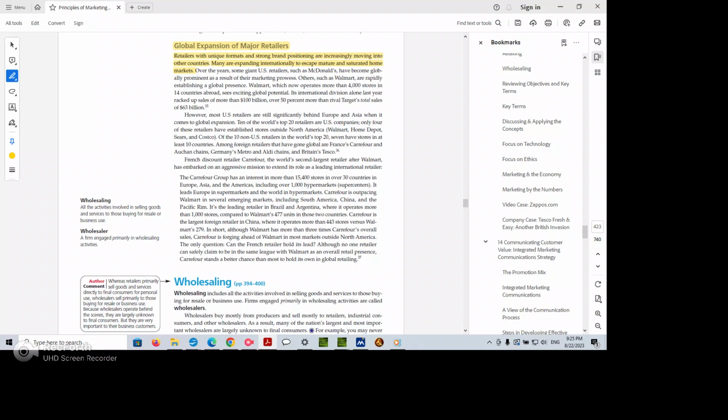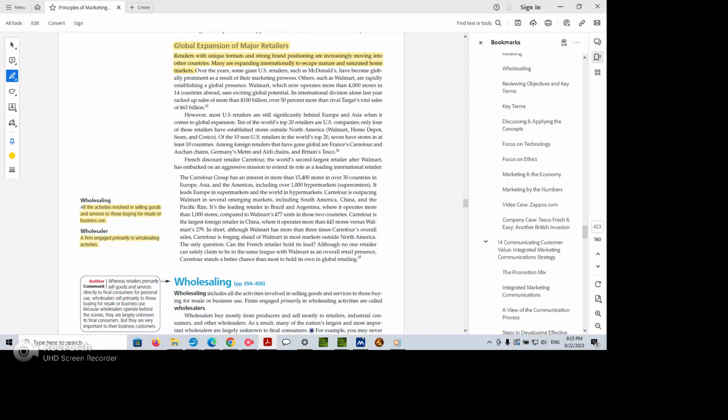Now, here's a definition in terms. This is pretty basic, but just as a review, wholesaling is all the activities included in selling goods and services to those buying for resale or for business use. Okay. This is very broad. That's wholesaling.